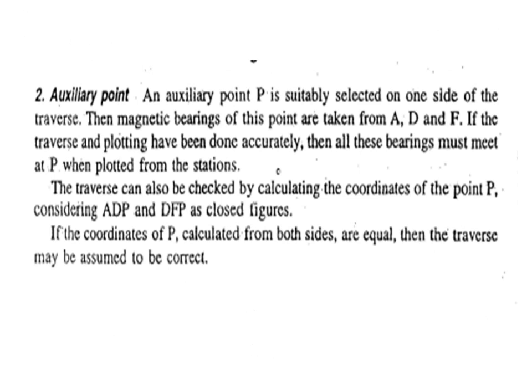An auxiliary point P is suitably selected on one side of the traverse. Then magnetic bearings of this point are taken from A, D and F. If the traverse and plotting have been done accurately, then all these bearings must meet at P when plotted from the stations. The traverse can also be checked by calculating the coordinates of the point P, considering ADP and DFP as closed figures. If the coordinates of P calculated from both sides are equal, then the traverse may be assumed to be correct.